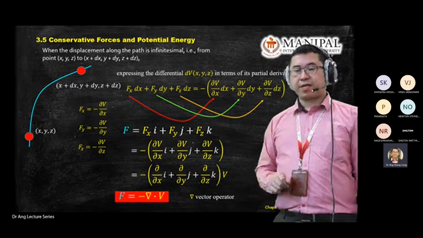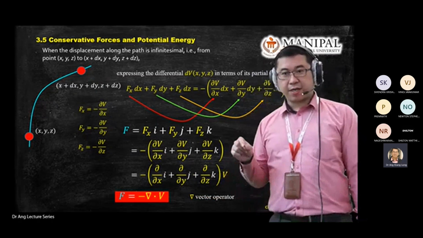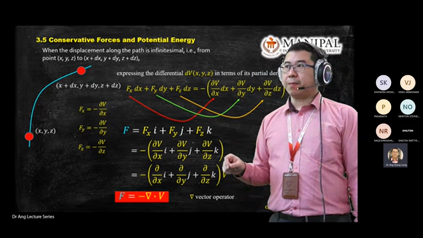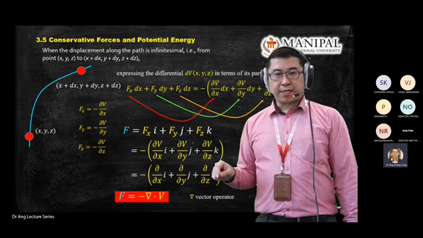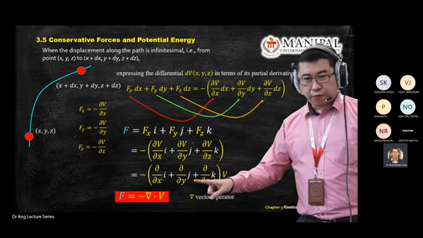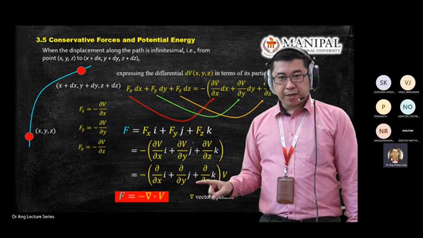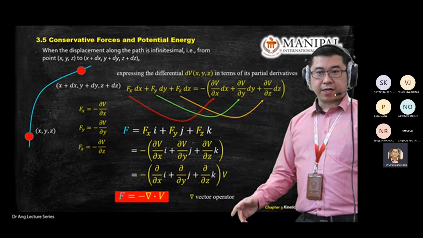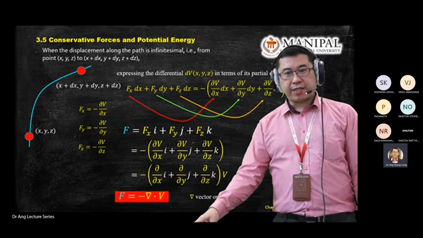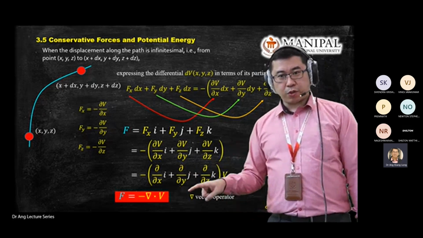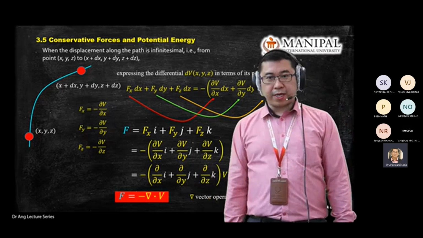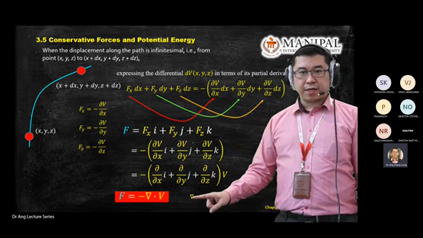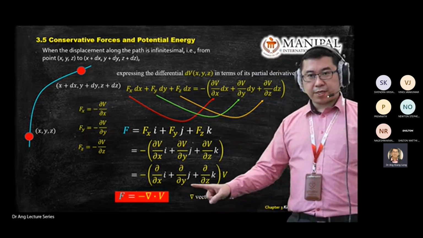You'll see this one in finite element analysis, FEA, and in things that need to find changes in x, y, and z direction in three-dimensional space, right? So in later chapters in this module, you will see this symbol again, this inverted vector operator, the inverted triangle. Just remember this symbol.